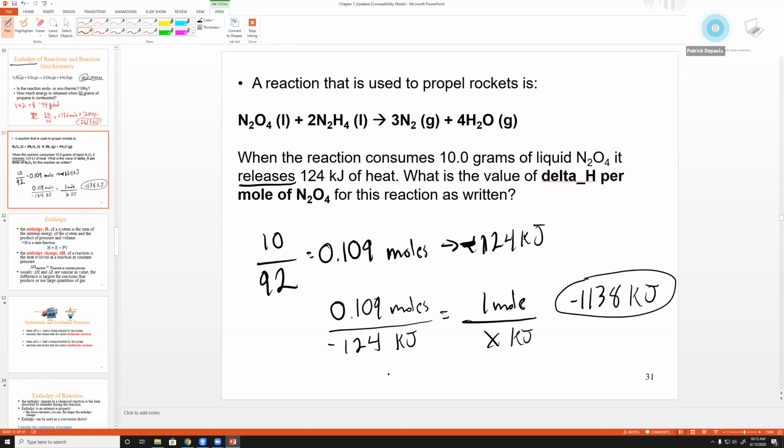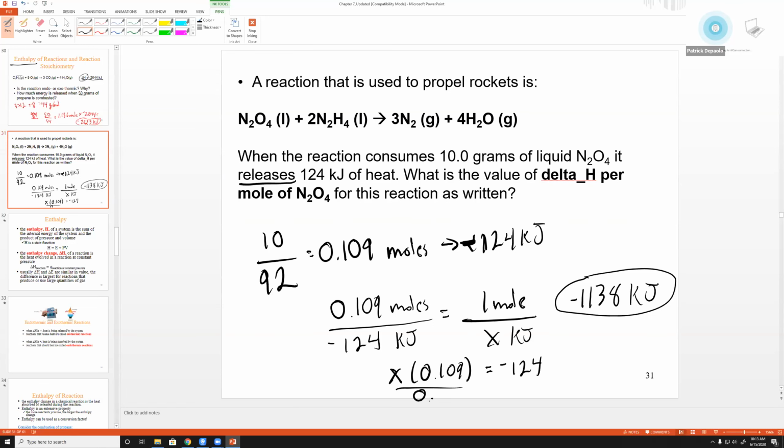So it'd be X times 0.109 equals negative 124, and then divide by 0.109. Then you'd get that. Okay, anybody else have any objections, or does that make sense? Or questions?